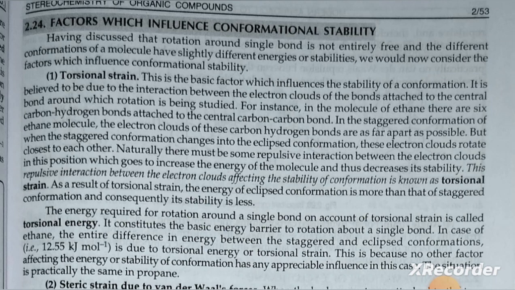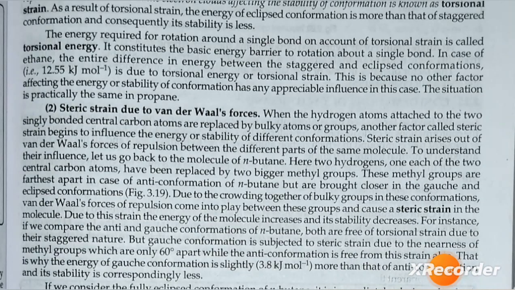Naturally, there must be some repulsive interaction between the electron clouds in this position, which increases the energy of the molecule and thus decreases the stability. This repulsive interaction between electron clouds affecting the stability of a conformation is known as torsional strain. As a result of torsional strain, the energy of the eclipsed conformation is more than that of the staggered conformation, and consequently its stability is less.